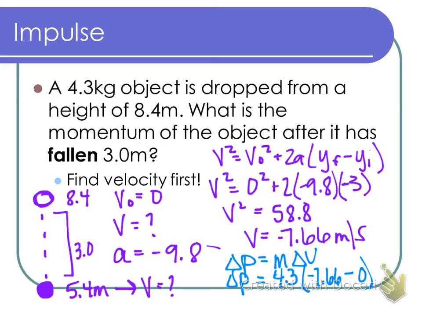Okay, so we get a value of negative 33. Okay, questions here about impulse?